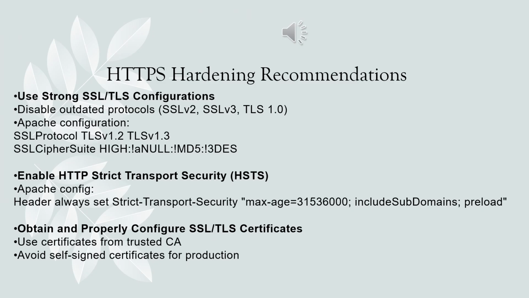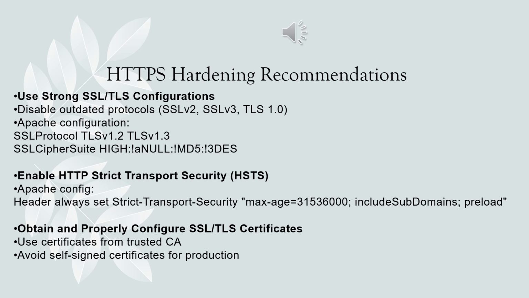Now, the best practice recommendations for HTTPS are to use strong SSL and TLS configurations by disabling outdated protocols. You want to use the Apache configurations like the code that you see on the screen here. And then also you want to enable HTTP Strict Transport Security, also known as HSTS.